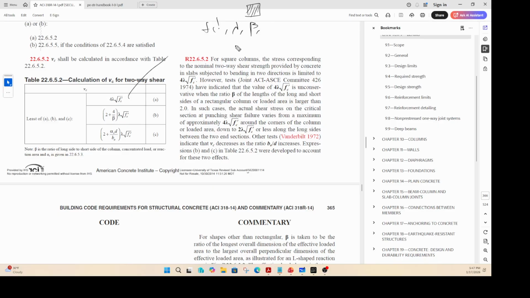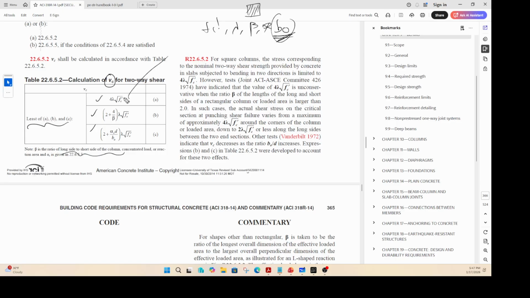For a rectangular column, you calculate beta for this particular thing, and then you need the b naught, the critical perimeter that I was talking about. Once you know the critical perimeter, we'll do a problem on this, so don't worry if you don't understand. Once you know the critical perimeter, then you calculate this, that, and pick up your shear stress as the least of these three.